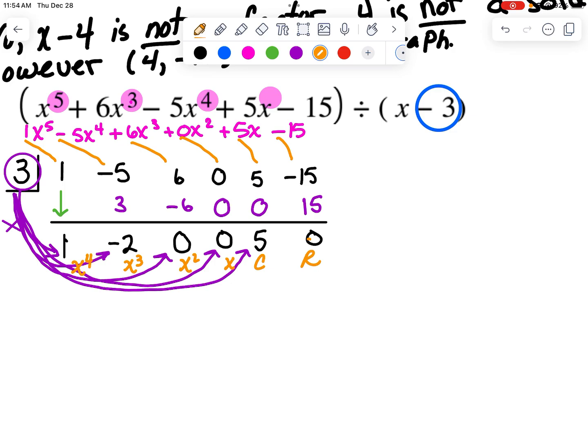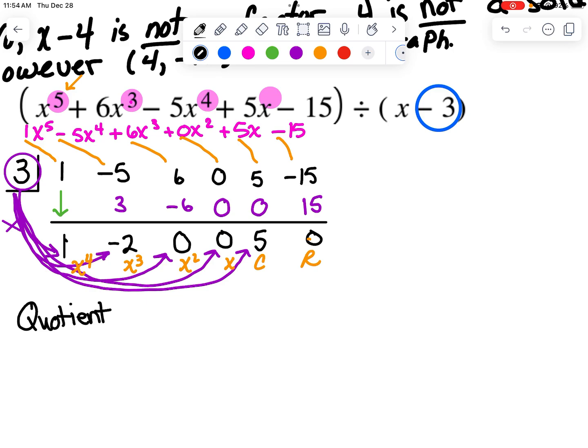Or you could simply streamline it and say if our highest power in the dividend was 5, our highest power in the quotient will be 1 smaller, which is 4. You could also do it that way. I have had students who have had success thinking of it that way. Instead of counting to get your powers, you just reduce your power by 1.